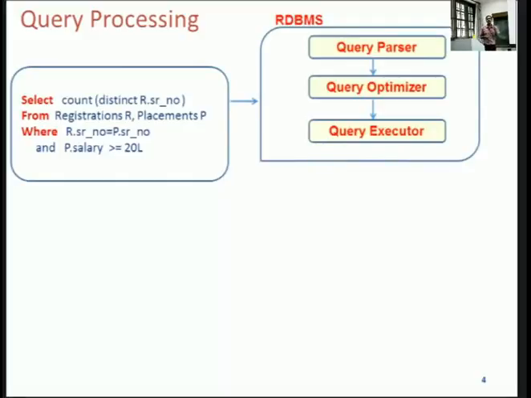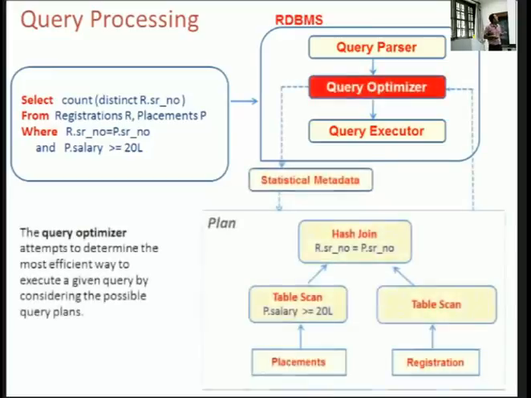Essentially there are three components that you have to know when this query is given. Essentially it passes through what is called a query parser. It's like our compiler in procedural languages like C compiler, Java compiler, and so on, which essentially checks for the syntax. Okay, and second is what is called the query optimizer.